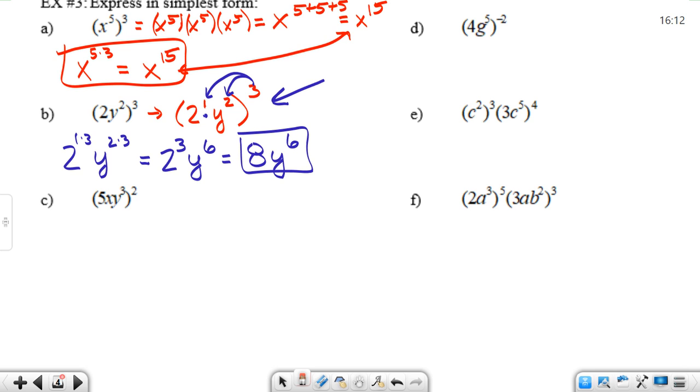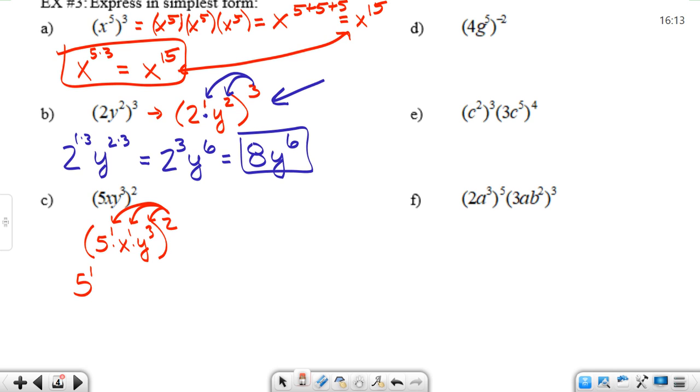Okay, so let's see how this works again here. So in C, I have 5 to the first, x to the first, y to the third, all of that squared. Now guys, remember, this is all multiplication, so it's okay for me to distribute this 2 to all the exponents inside.